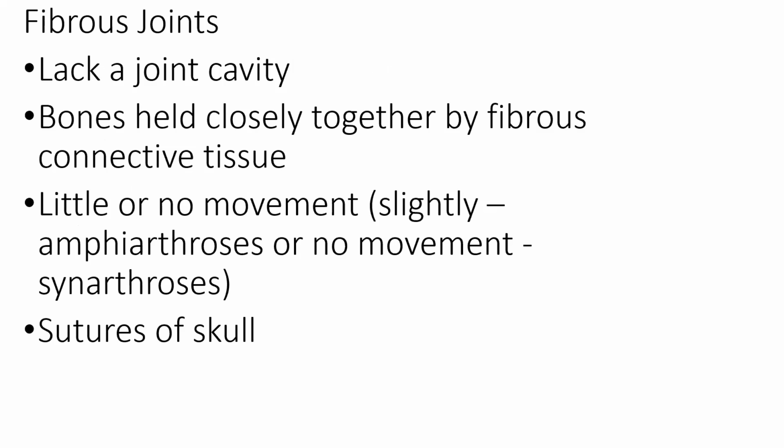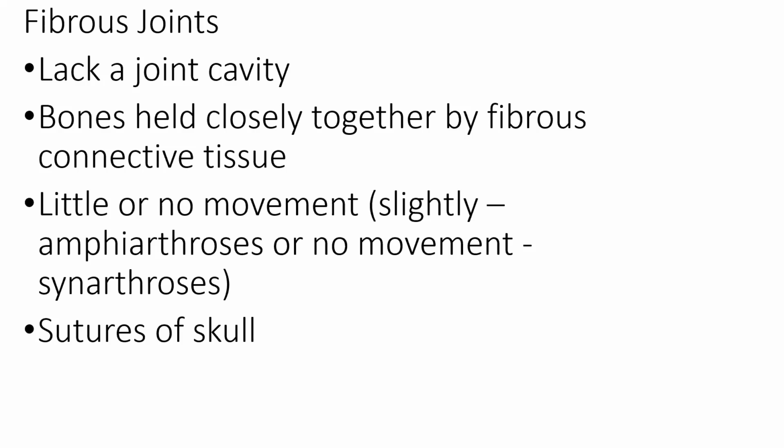They have a capsule that surrounds the ends of the bone. But fibrous joints don't have anything like that. They're simply held together by connective tissue. Again, we get back to the sutures. So a joint that doesn't move, an immovable joint, is also a fibrous joint.